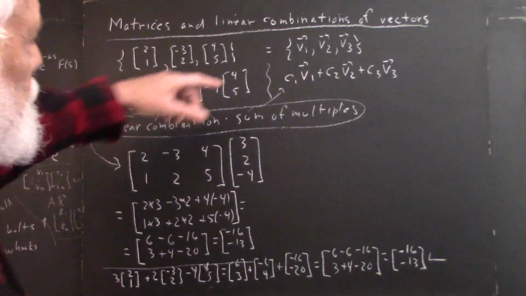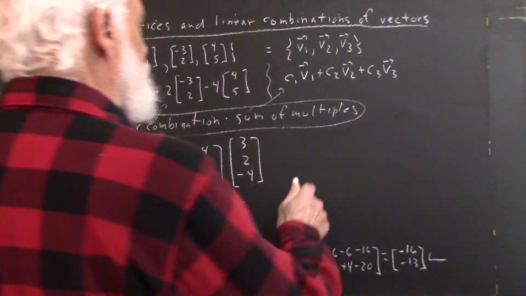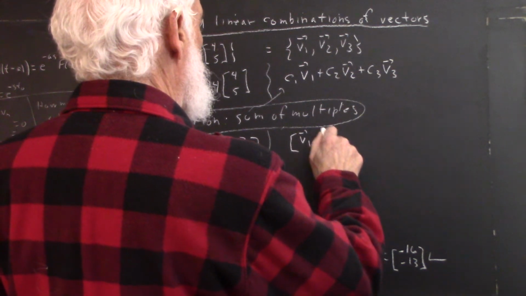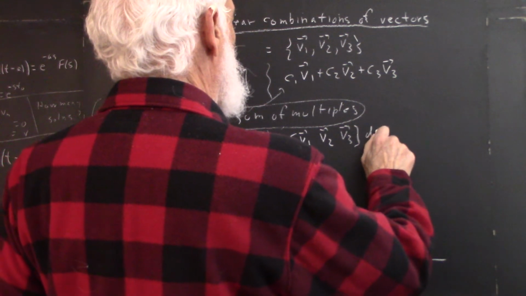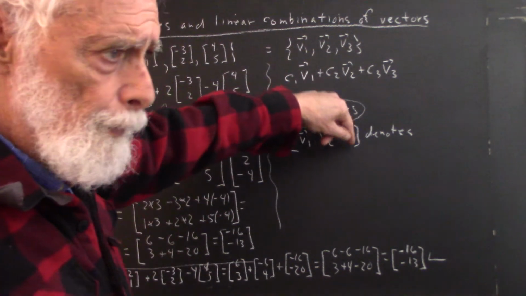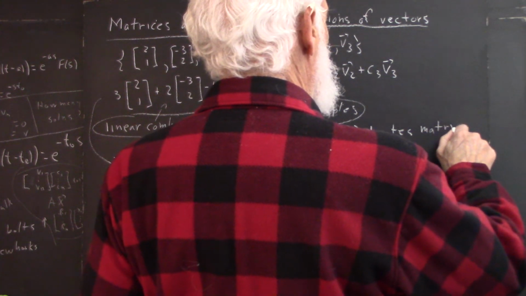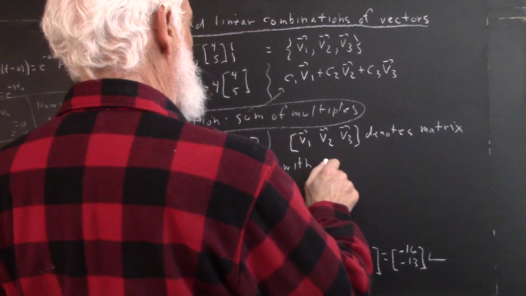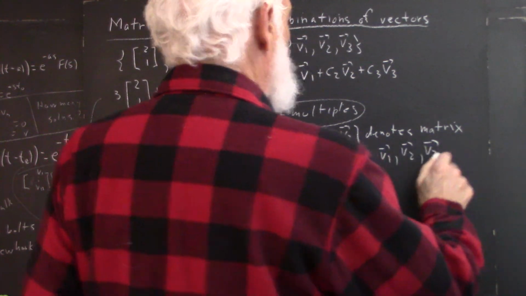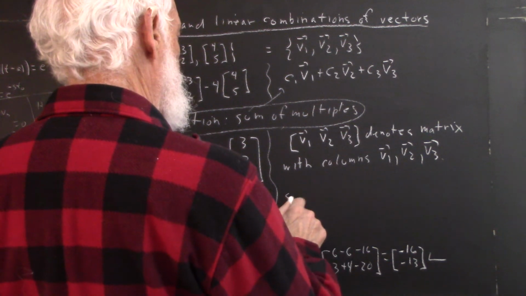Okay, well now, if we go up here, how are we going to write this product? Well, we do the same thing. The matrix with V1, V2, V3 listed here, no commas, denotes a matrix with columns V1, V2, and V3.